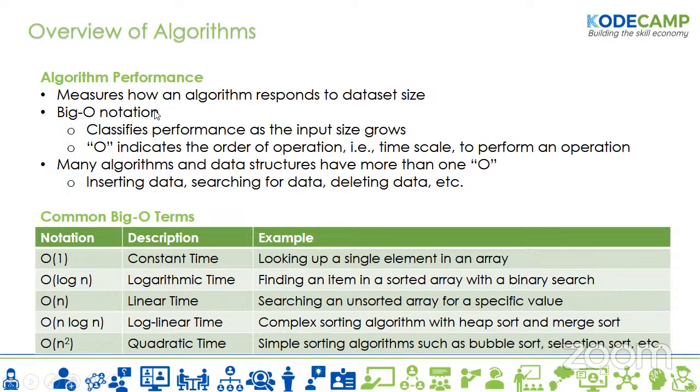Now, generally, algorithm performance is usually measured based on worst case scenario. So if, for example, you have a large data size of 1,000 and its worst case is when it's dealing with the 1,000th element, then that will be what will be used in rating the performance of that algorithm.